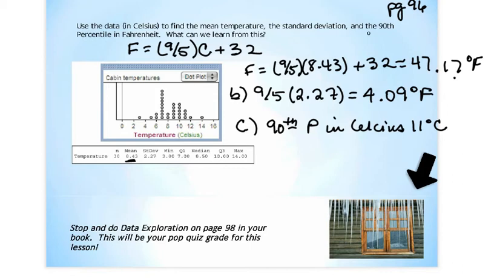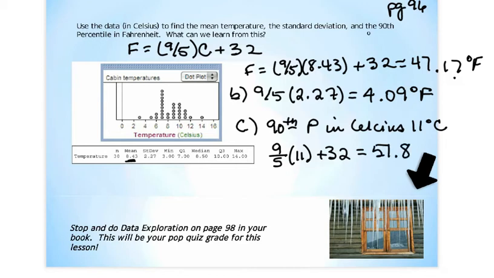Well, percentiles, we're going to go ahead and do exactly what we did before, because it's not one of those things like standard deviation that we're interested in not moving, which we're just looking from the distance from the mean. In this case, we're going to use our equation again and plug in 11 for x. So we have 9/5 times 11 plus 32, which the 90th percentile is 51.8.